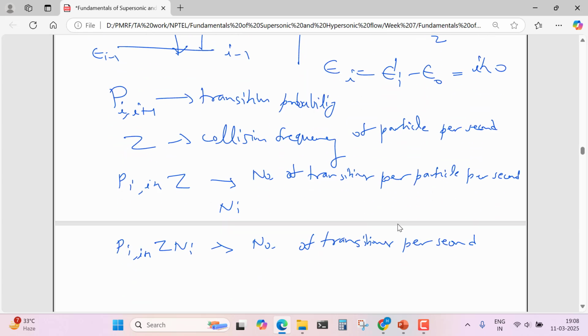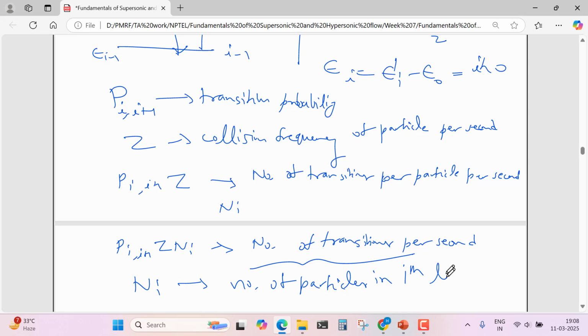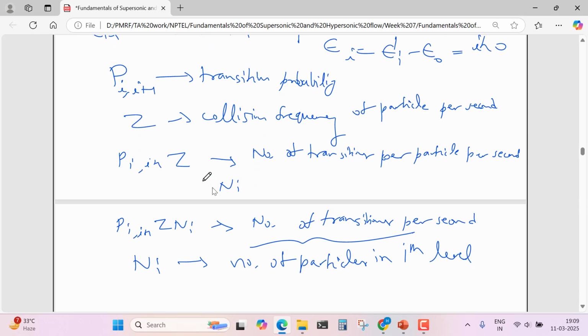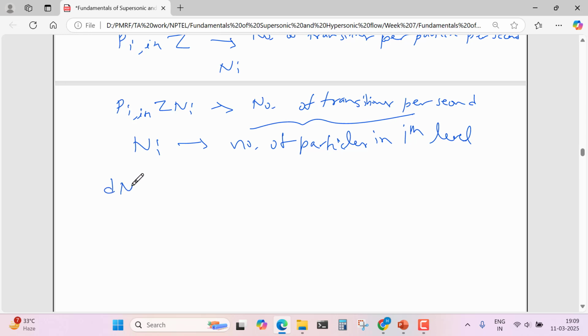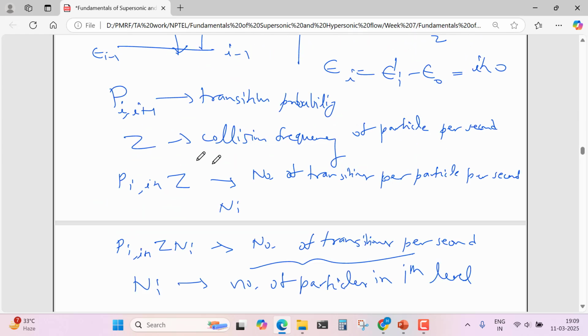So let's say this number of transitions are happening from I to I plus 1, it means this number is decreasing in the ith level. Let's say Ni is the number of particles in the ith level, then the rate of change of the population in the ith level will be equal to, there are two ways particles can increase.